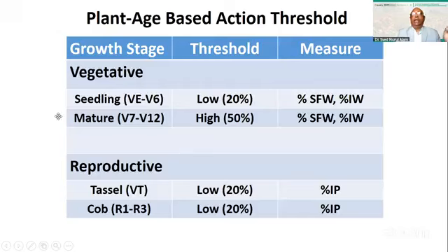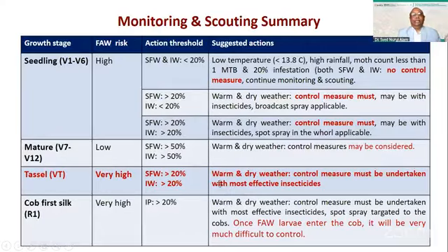These are all the threshold limits, especially for seedlings. It must be more than 20% SFW, IW. Mature, it is 50% because during that time the leaves are coarser. But in the reproductive tassel stage, it is more and more dangerous.